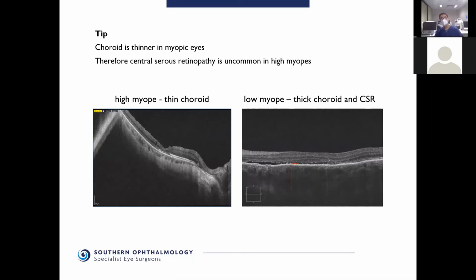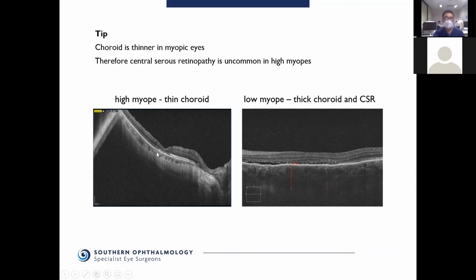My next tip in myopic eyes is that the choroid is thinner in myopes, and we know that central serous retinopathy usually occurs in patients with thicker choroid. So therefore, CSR is actually uncommon in high myopes. For example, this is on the left. You have this patient who is a high myope with thin choroid. You can just see the choroidal layer just there.